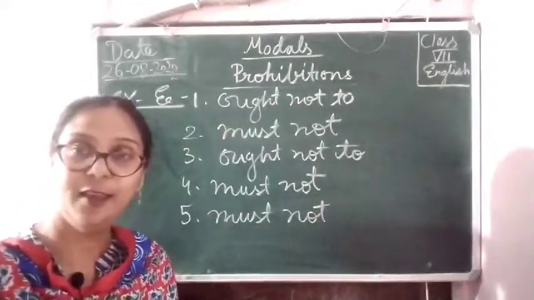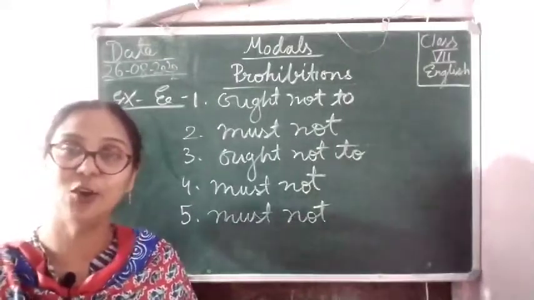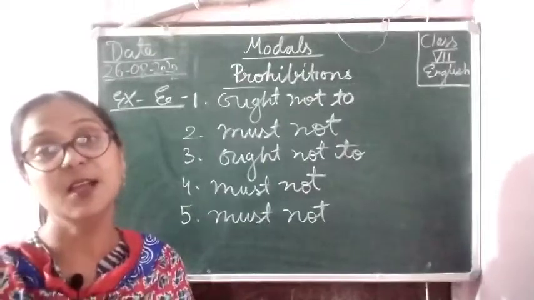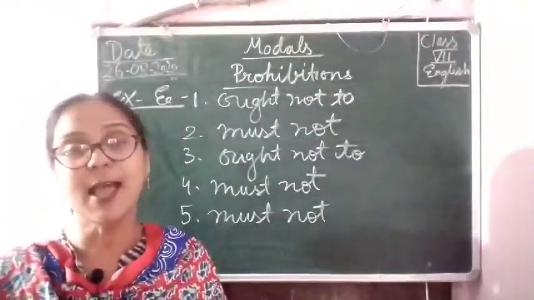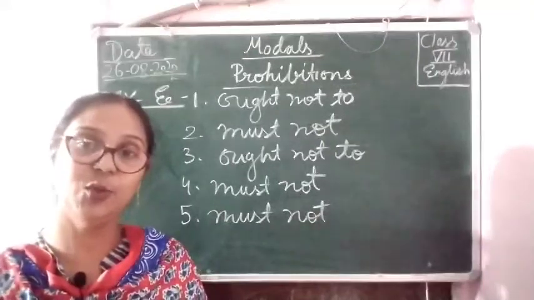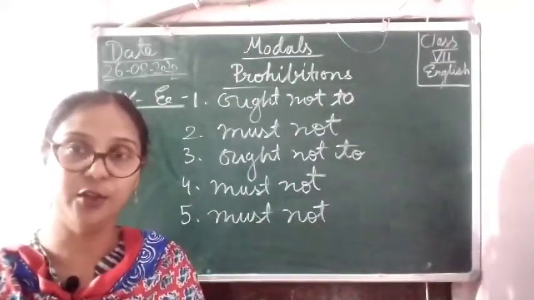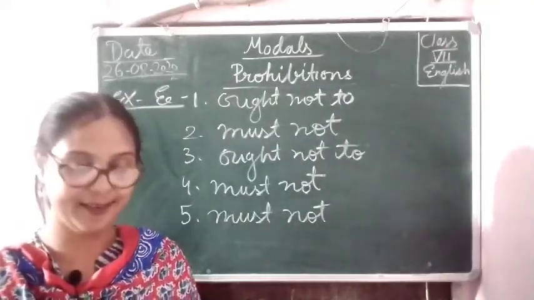So this way we have completed this exercise, which was based on prohibition. As we discussed, must not is used for the rules, and where it is showing our duty, there we are supposed to use ought not to. This way we have completed our exercise.